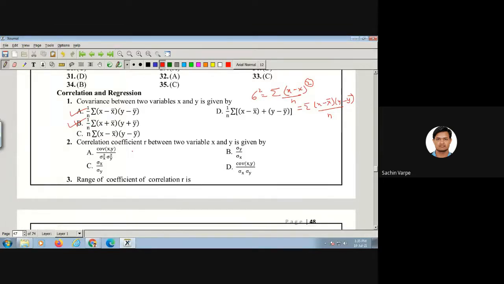Coefficient of correlation between the two variables x and y is given by r is equal to covariance of xy upon sigma x into sigma y.